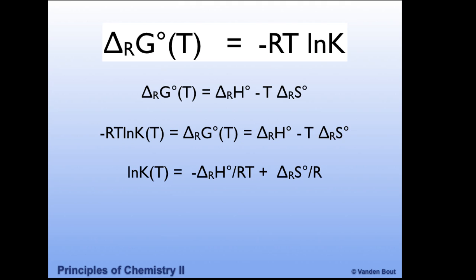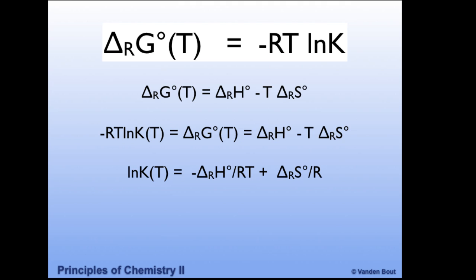Here we'll just say the big temperature dependence comes from the fact that the entropy term is multiplied by the temperature. Now, isolating this and putting in the natural log K part, we see minus RT natural log K, and I've put K in parentheses there as a function of temperature because that's what we want to think about. What is the temperature dependence of K?